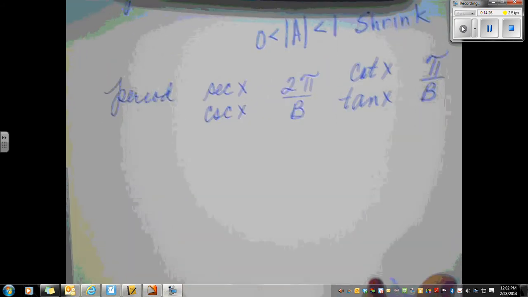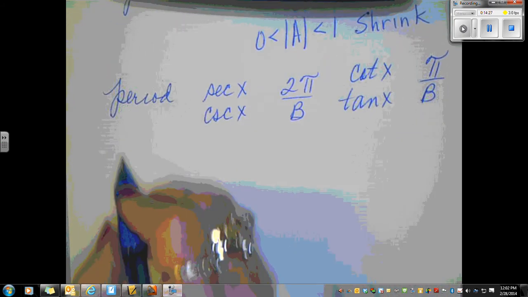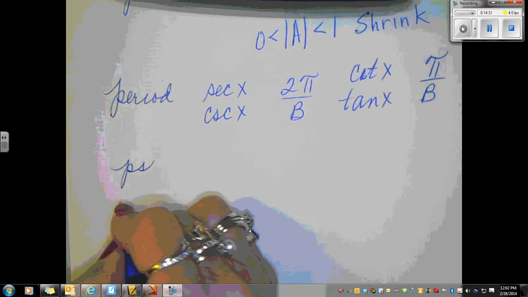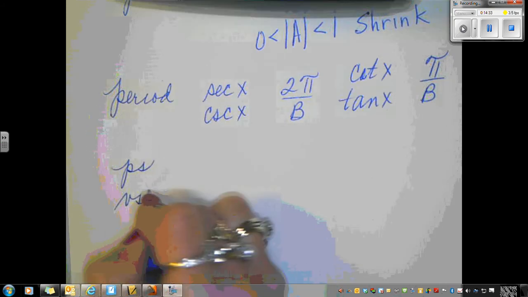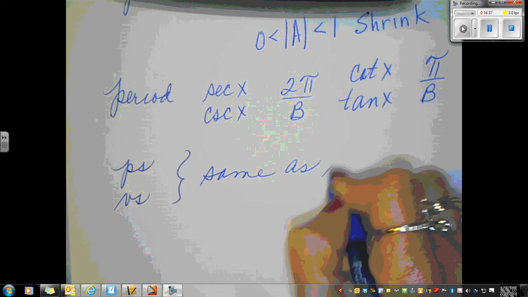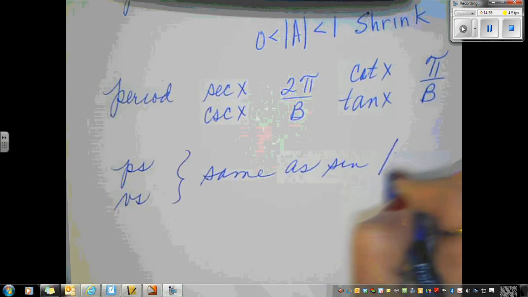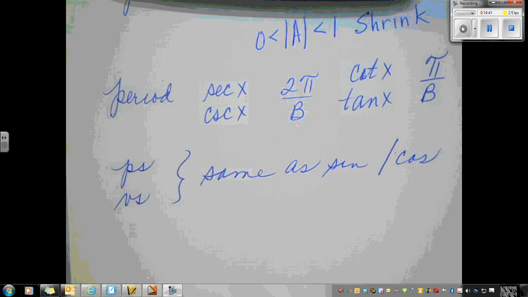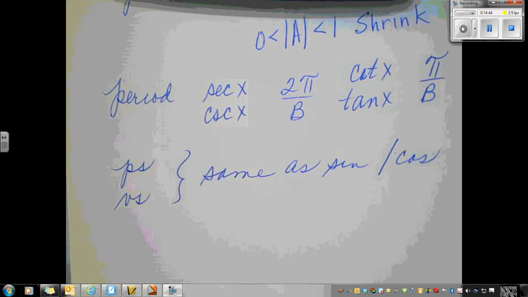How about the phase shift or the vertical shift? They're the same as sine and cosine were. You move right or left or up or down. Same thing, so they're pretty easy.